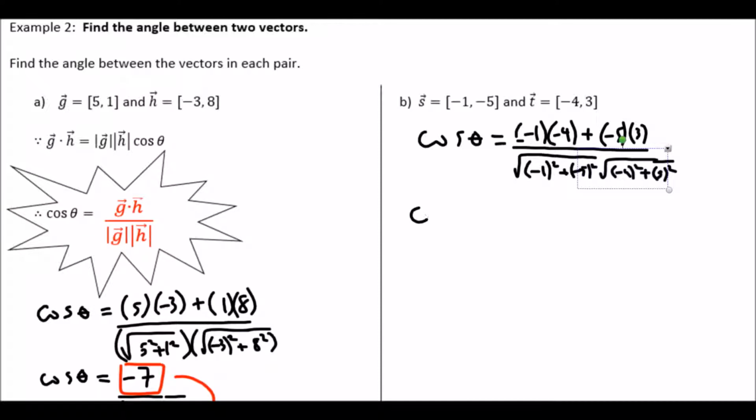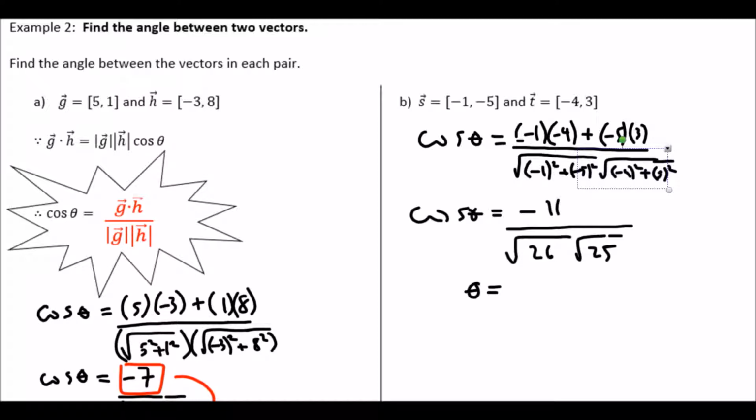And so when I do this, the dot product here is equal to negative 11. So again, I know that my angle is going to be between 90 and 180. Here I'm going to have the square root of 26, and here I'm going to have the square root of 25, so cos inverse of negative 11 divided by bracket square root 26, square root 25.